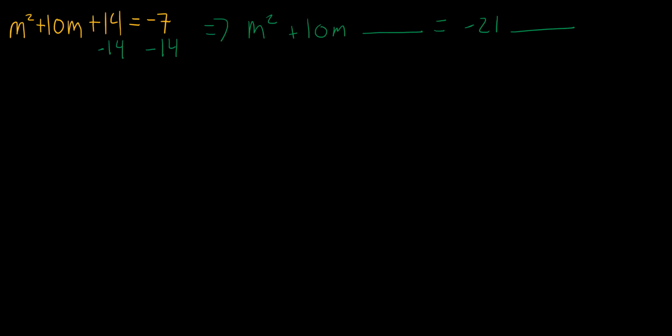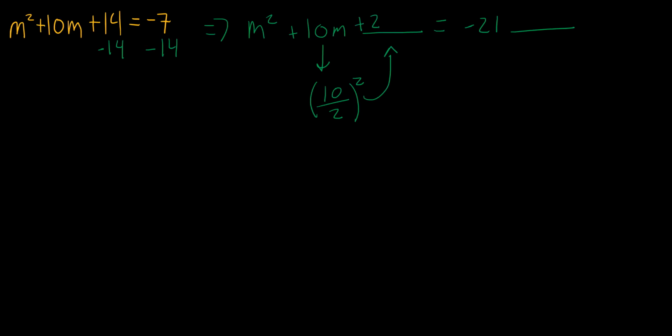So now I have to fill in my blanks with half of b squared. Our b is 10. So I'm going to take 10, divide it by 2, square it, and put it over here as well as over there. 10 divided by 2 is 5. 5 squared is 25.